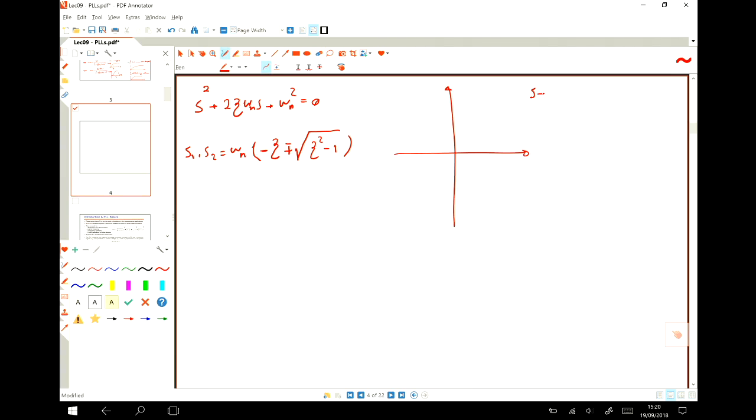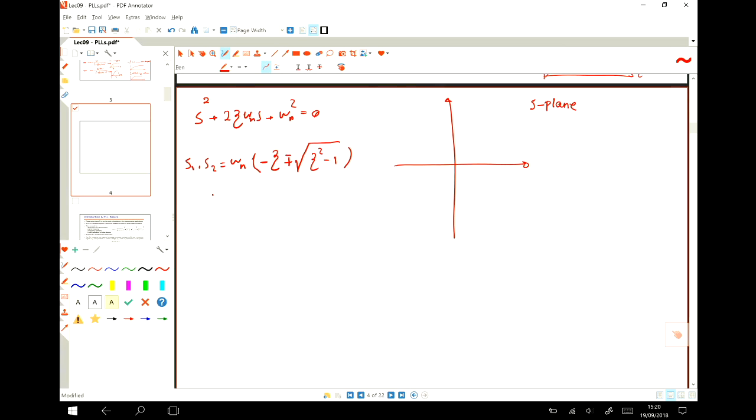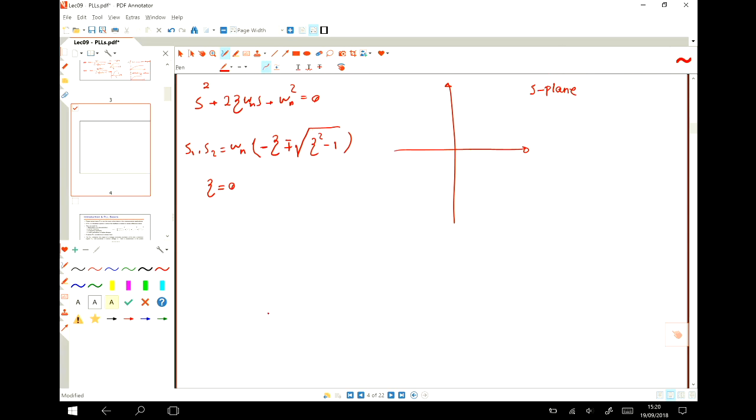So this is the S-plane, and if zeta equals 0, then what will happen? Where are S1 and S2?